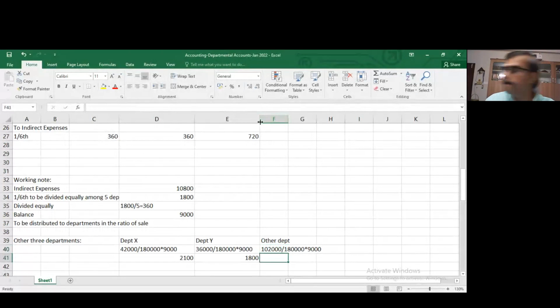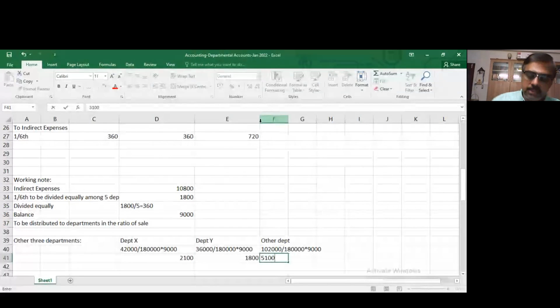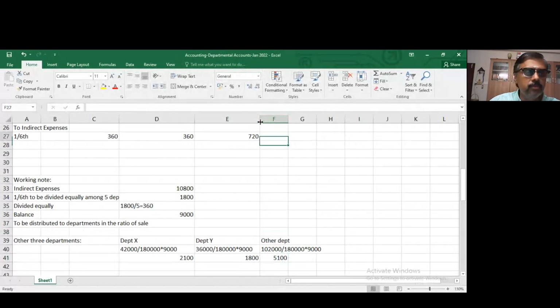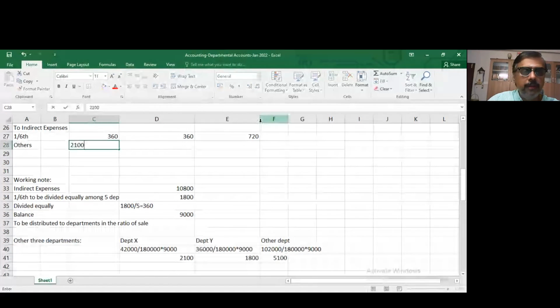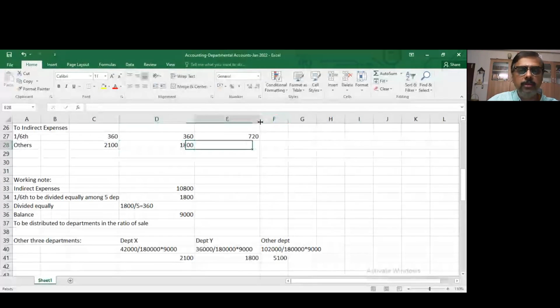So you're getting how much? 5,100. Good. So this is the indirect expense calculation. For department X, you have got 2,100. For department Y, you have got 1,800. And total is 3,900. That's all.